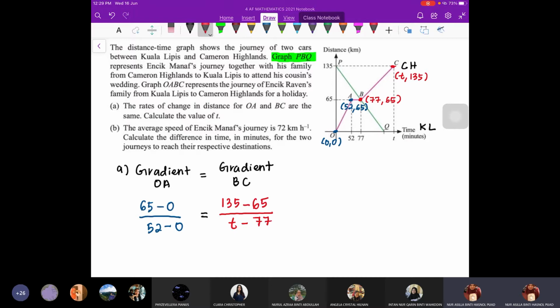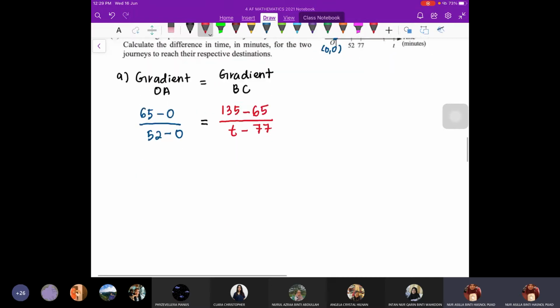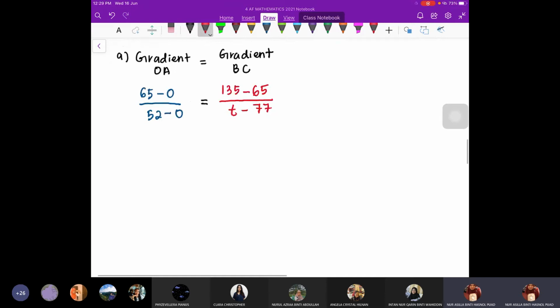Dekat sini boleh dapat satu markah dah. Okay, sekarang you kena simplify. So 65 over 52 equals to 135 minus 65 will give you 70 over t minus 77.